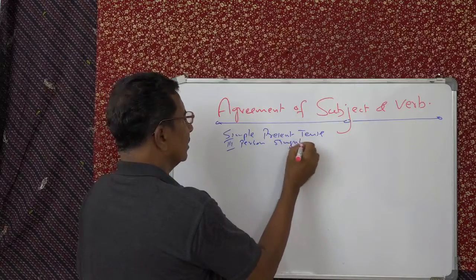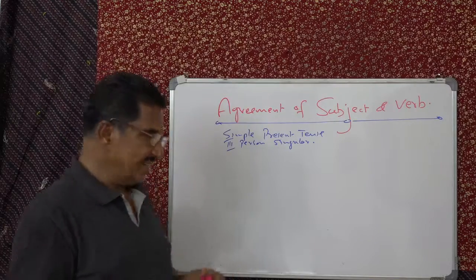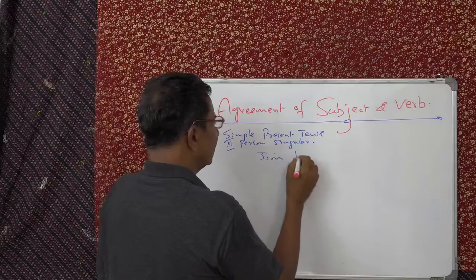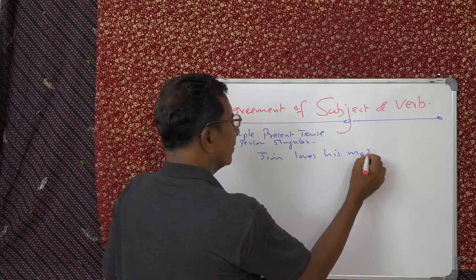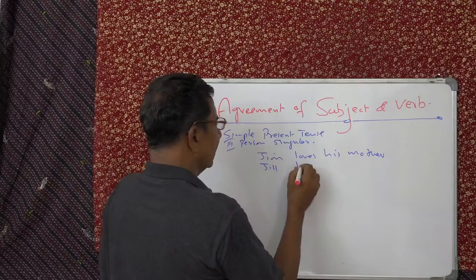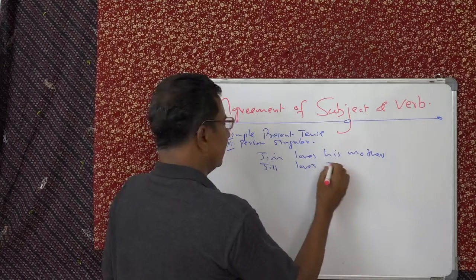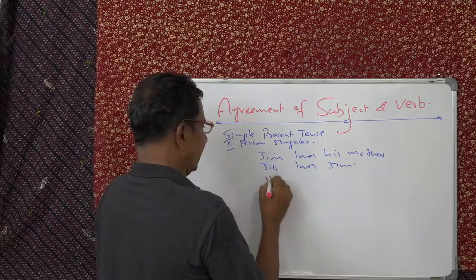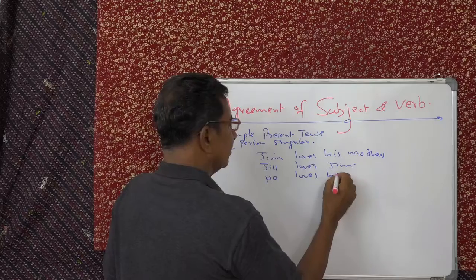Now look at these sentences and you will see. Third person singular. Jim loves his mother. Jill loves Jim. He loves his friend.